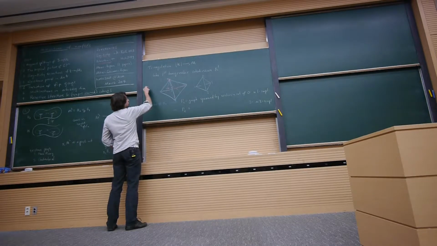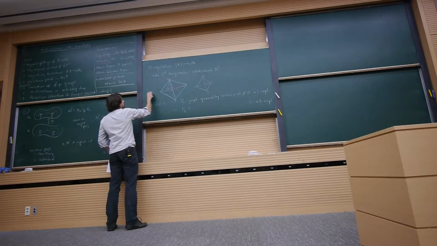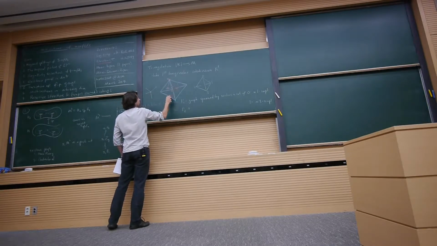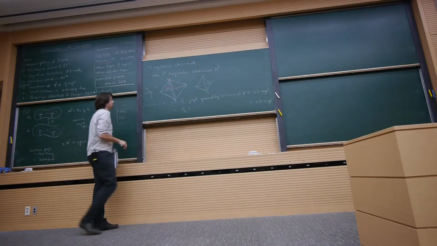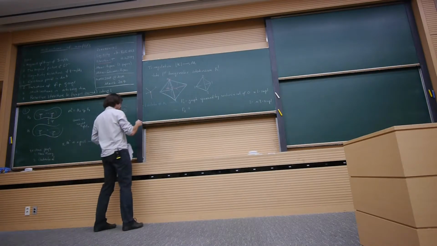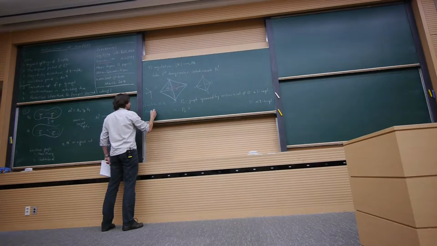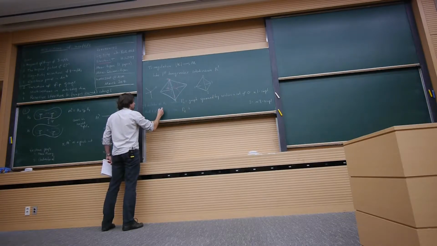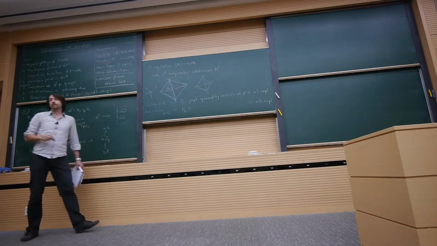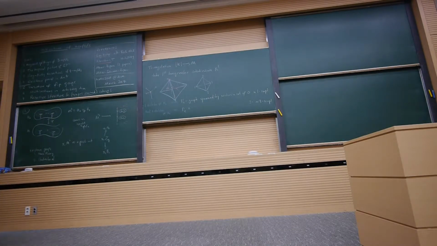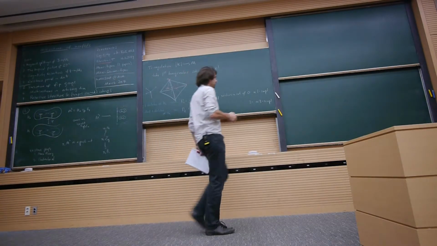Let me draw it like this on the side, with these vertices sitting here, here, and then down there, and then up here. This is the dual 1-skeleton. In particular, both of these graphs are connected, so gamma 1 and gamma 2 are connected.